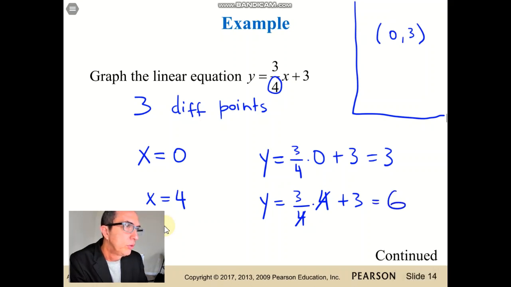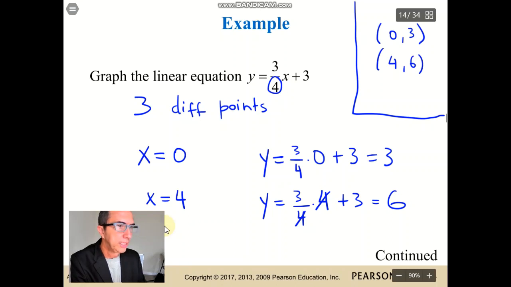So we have a new order pair, 4 and 6, and we have 2 order pairs.